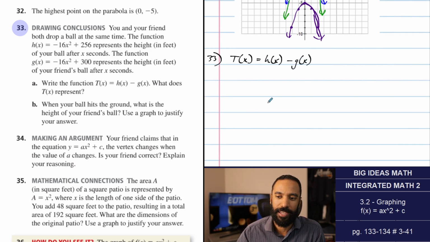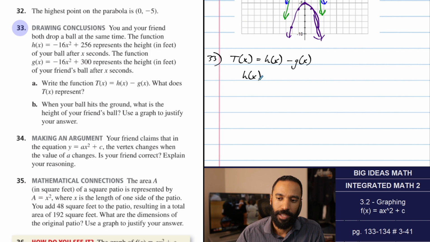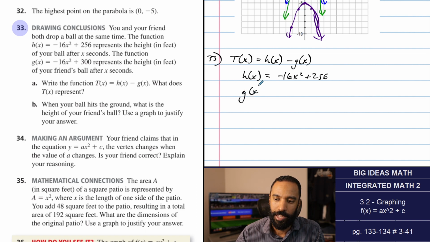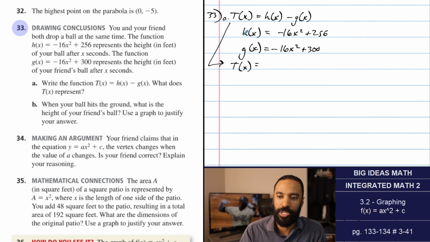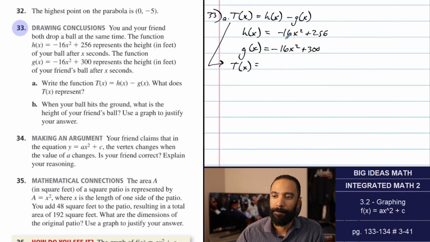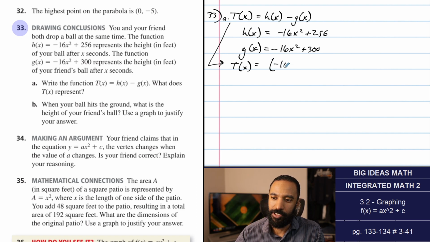We know that h of x, once again, is -16x squared plus 256. g of x equals -16x squared plus 300. When we substitute those in, this is part A, we get t of x equals h of x, -16x squared plus 256, minus g of x, -16x squared plus 300.